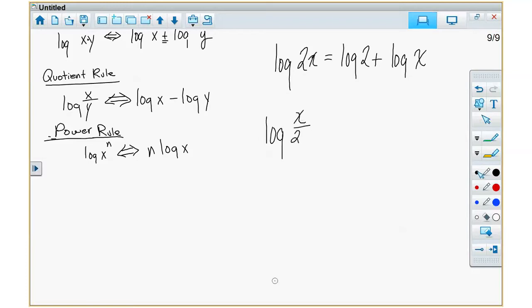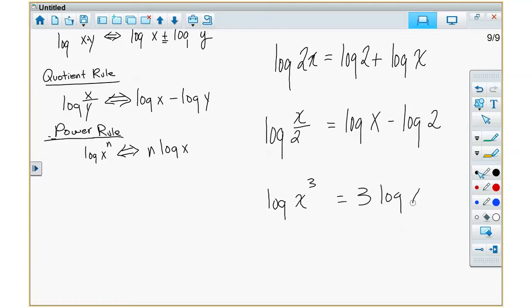That would be the log of x minus the log of 2. And if I gave you log of x to the third power, 3 log of x.